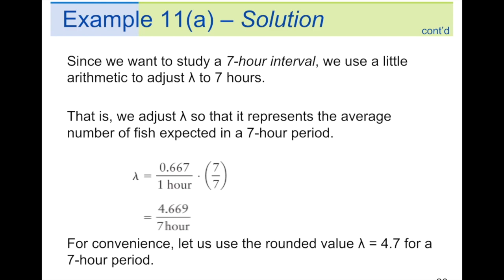We multiply the top and the bottom by 7 over 7, so 1 essentially, and we get 4.669 over 7 hours. For convenience, let us use the rounded value 4.7 for a 7-hour period. I assume the 0.667 was a rounded number anyway, so 4.7 is probably more exact.